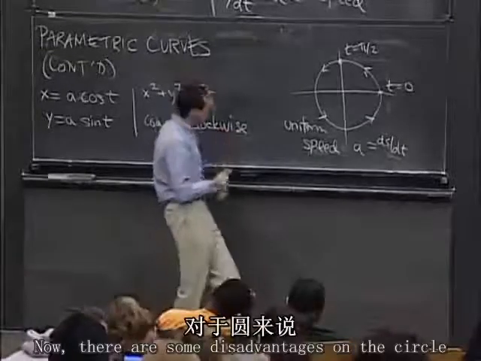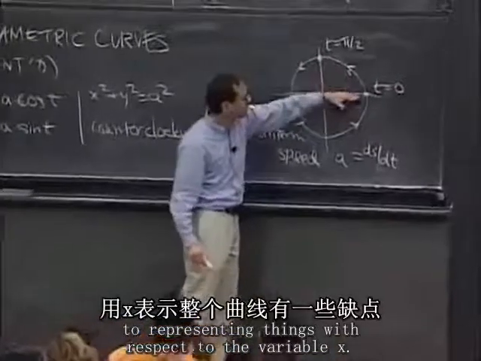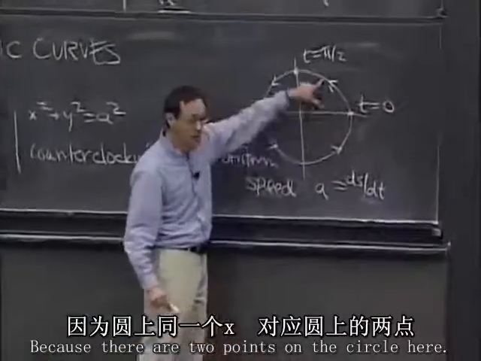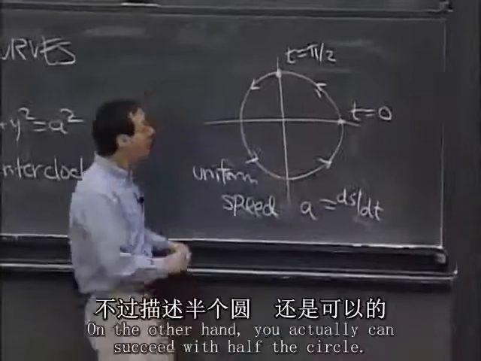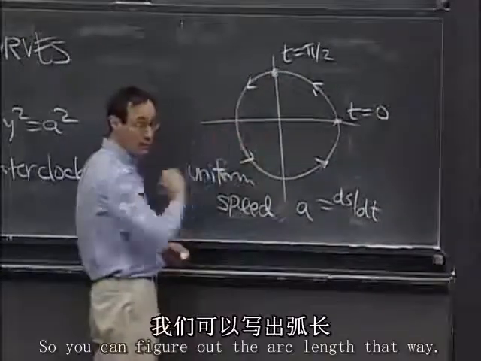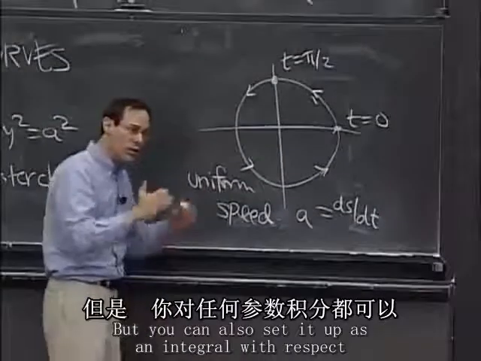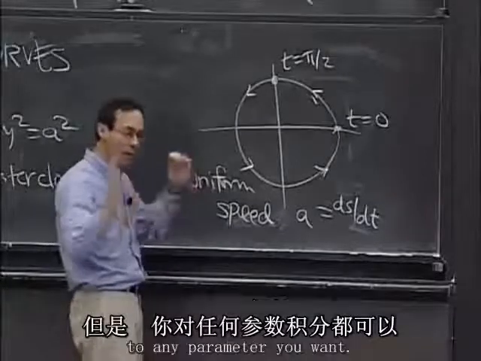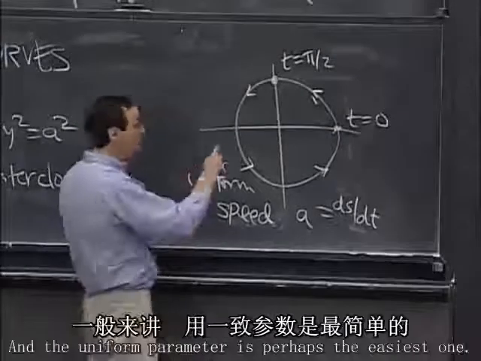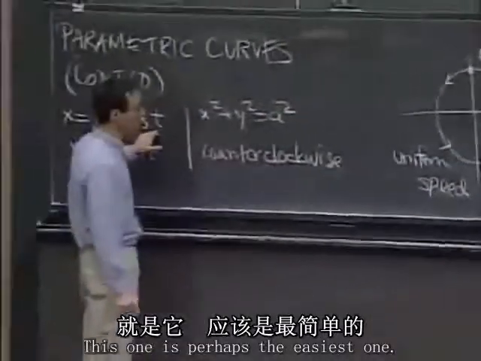There are some disadvantages on the circle to using the variable x, because there are 2 points on the circle here. On the other hand, you can succeed with half the circle, figure out the arc length that way, and set it up as an integral dx. But you can also set it up as an integral with respect to any parameter you want. And the uniform parameter is perhaps the easiest one.